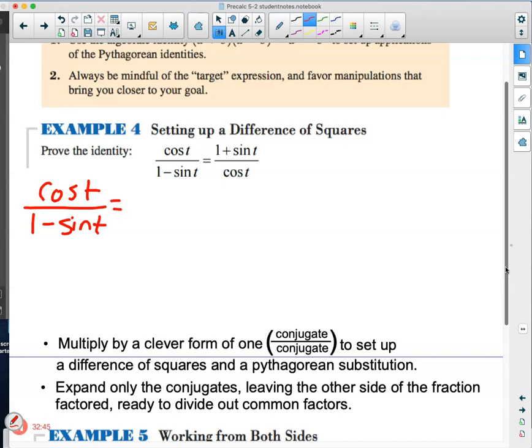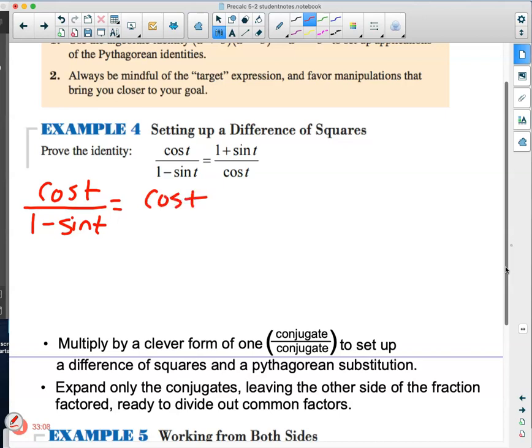Now, like it said, it'd be a good idea to set up a difference of squares to make this happen. I mean, they're giving us a big tip here. And to do that, I realize it might be helpful to multiply this times 1 plus the sine of t, because then I'll get a squared in there. And I could just use my basic Pythagorean identity.